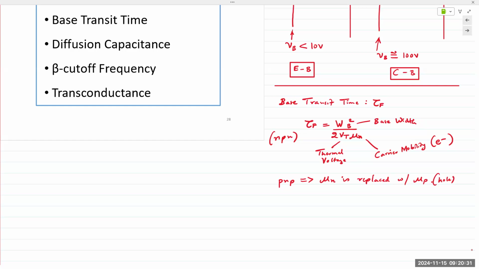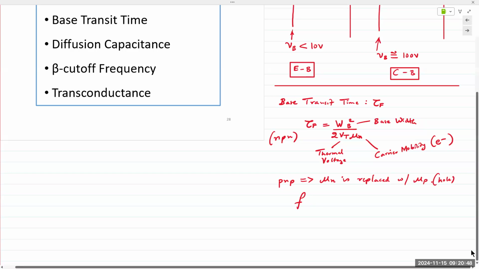So high frequency AC signals, which have time periods smaller than the transit time, will cause the BJT to not respond in time. And so that places an upper limit on the operating frequency, and that is given by the equation 1 over 2 pi tau F.